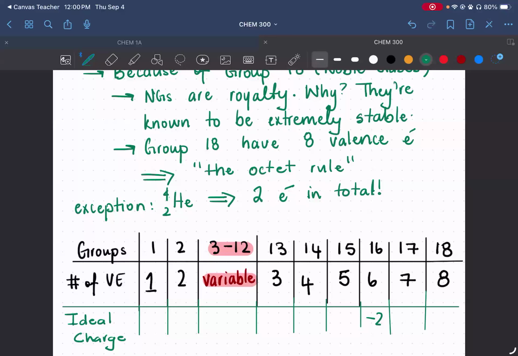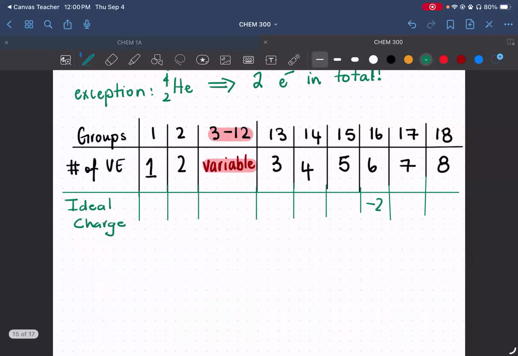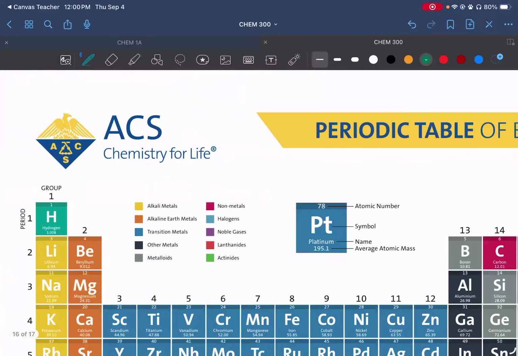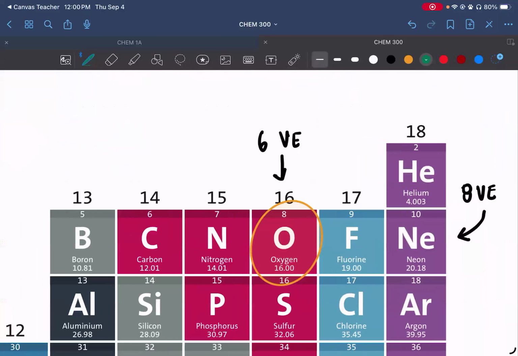So group 16's ideal charge is -2. Why? Because it only needs 2 electrons to look like noble gases. And when you add 2 electrons, you end up -2. We can apply the same logic to groups 17 and 15.